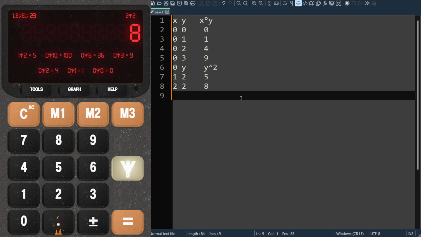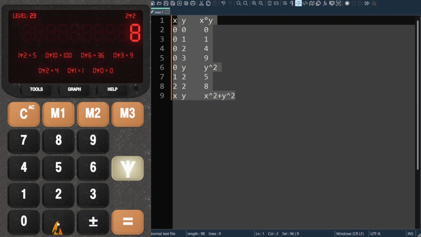So 1, 2, 5 and 2, 2, 8. The assumption that we now have is that x and y are the inputs, and we get an output of x squared plus y squared. Oh, by the way, I'm using Notepad++ as the writing program here. I thought about using LibreOffice, but I'm not that competent with it.